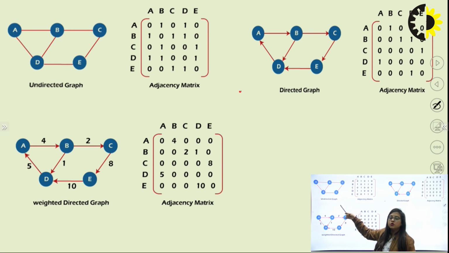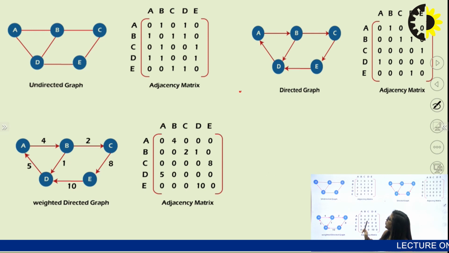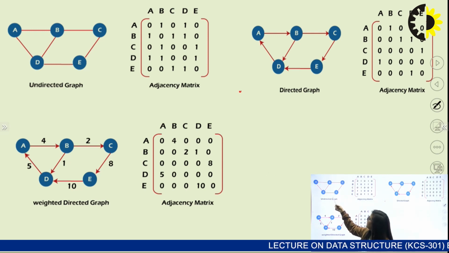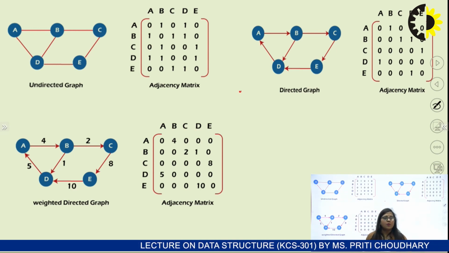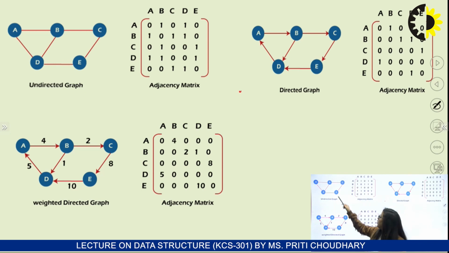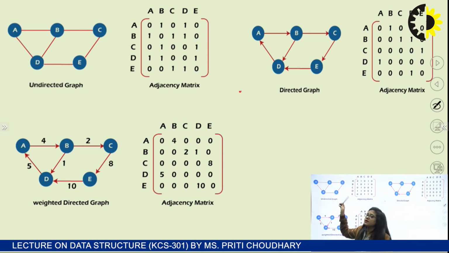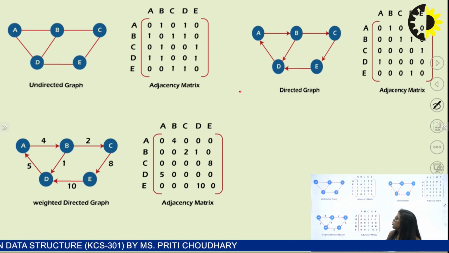Direction is not given in this graph, so it is called an undirected graph, as I told you in the previous slide. A, B, C, D, E, so 5 vertices, and how many edges? 1, 2, 3, 4, 5, 6. 6 edges.